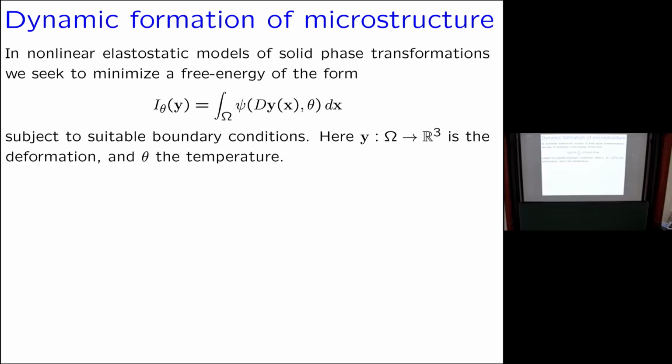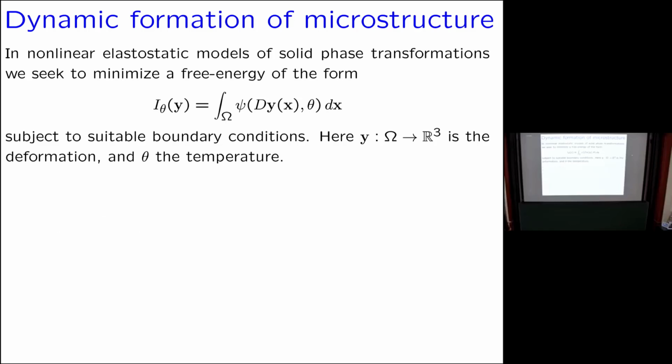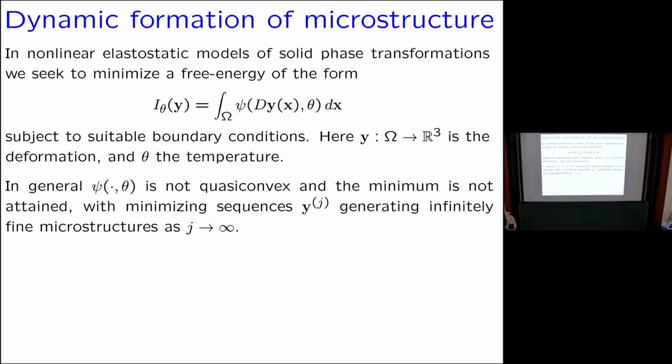The energy density depends on the deformation gradient, which is a matrix. The integrand is not in general quasi-convex. It doesn't matter if you don't know what quasi-convexity is, but it's the central convexity condition of multi-dimensional calculus of variations. It's essentially necessary and sufficient for the existence of minimizers.